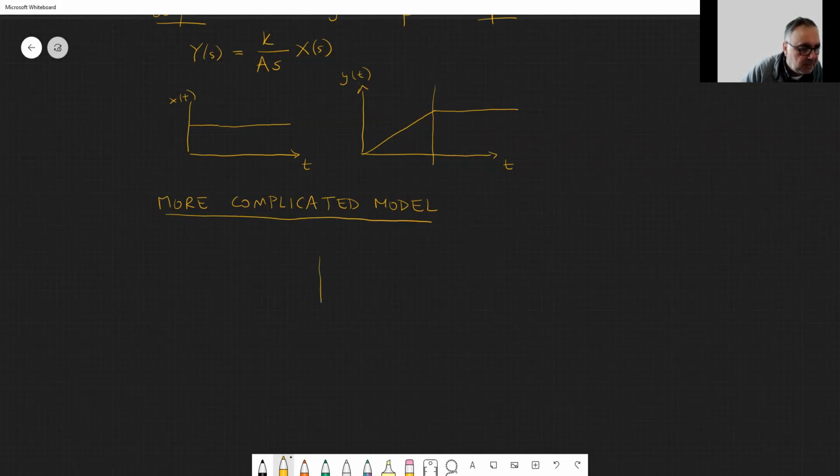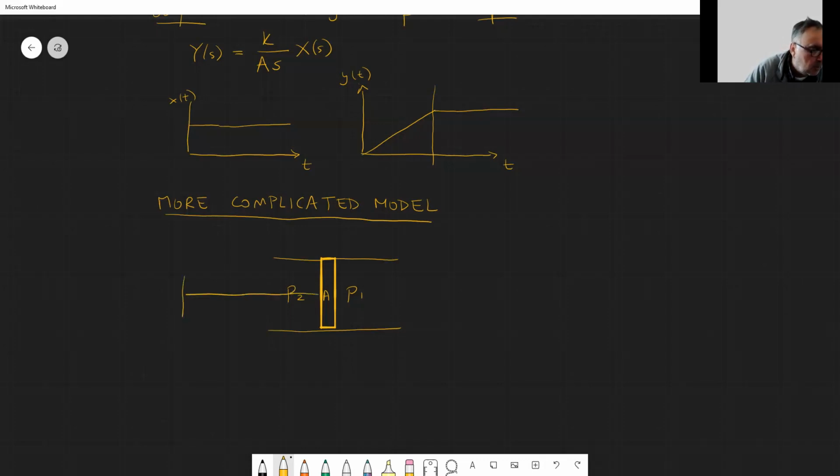Remember that we have the piston with an area of A. On this side, we have P1. On this side, we have P2, right here. And then this is connected to a load here, as you might remember, which is M. And this load might be very high.